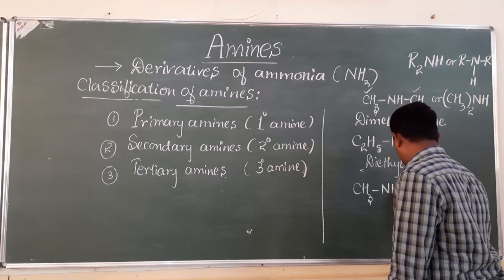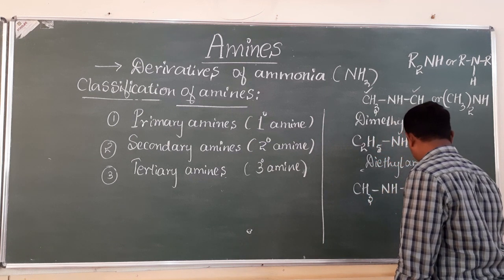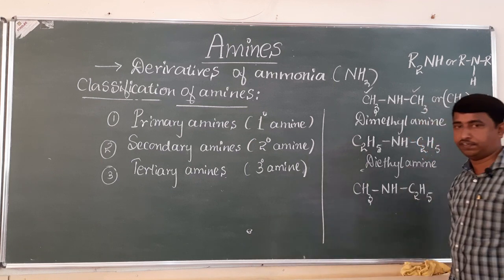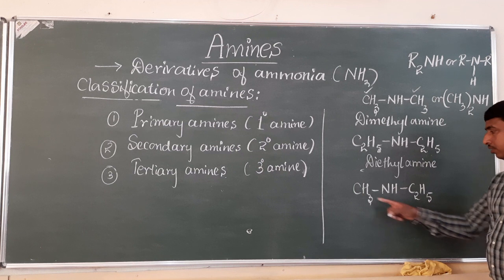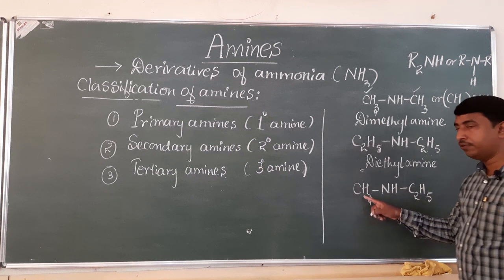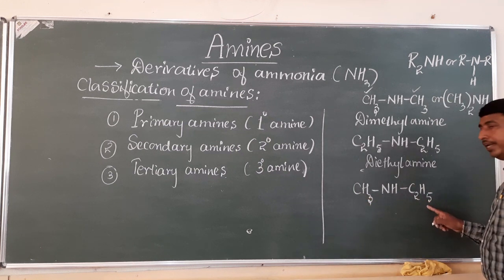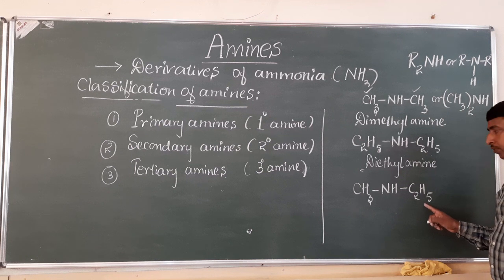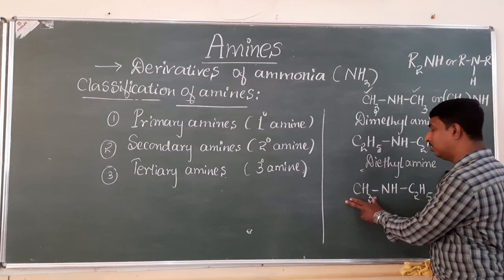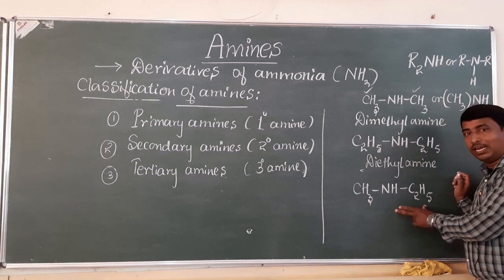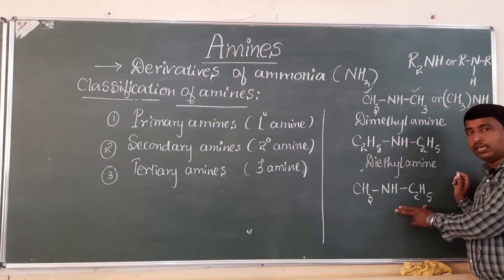CH3NHC2H5. On the left-hand side we have a methyl group, and on the right-hand side we have an ethyl group. So two different alkyl groups are present. We have to write the names of these two alkyl groups in alphabetical order.